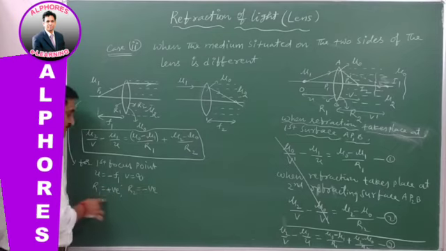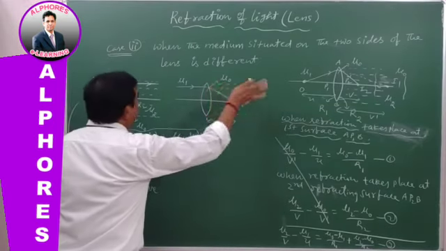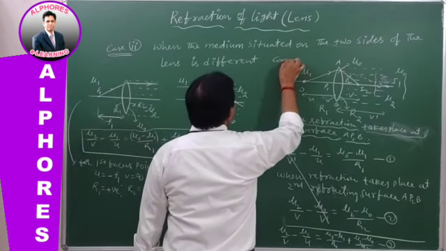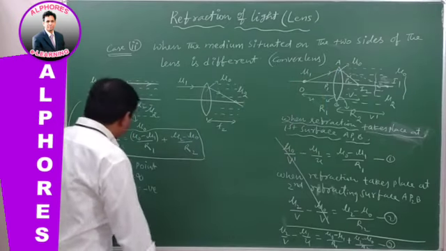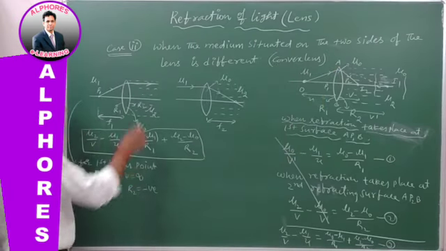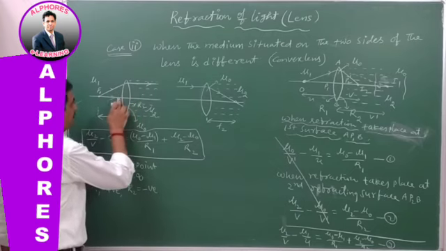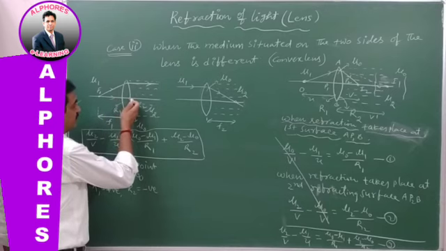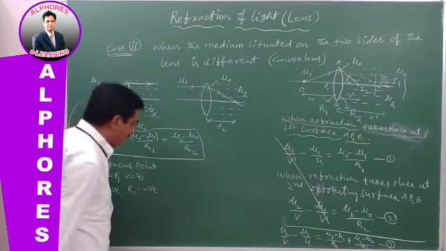Always these two are fixed, that is R1 positive, R2 negative, because it is a convex lens. For a convex lens, R1 is positive because this radius of curvature is in the direction of the incident ray. For the second surface, measured against the direction, it is a negative value.